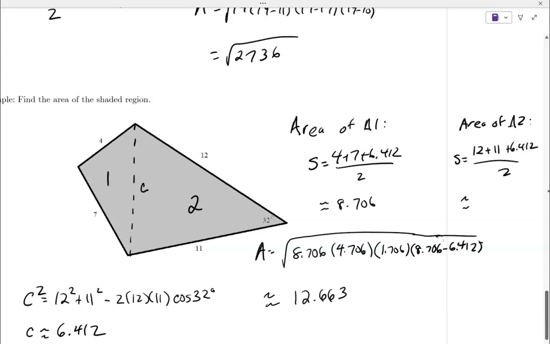For example, if this angle right here on the left-hand side were a right angle, what would the area be? For that, just this triangle. It wouldn't involve any trig at all.